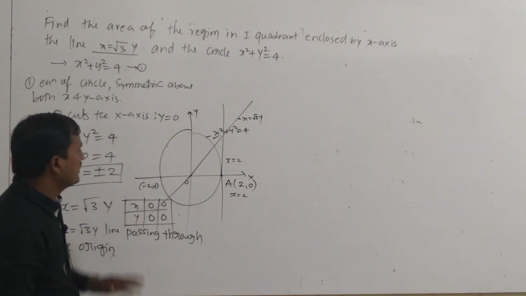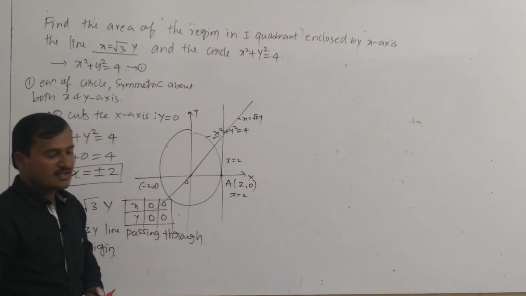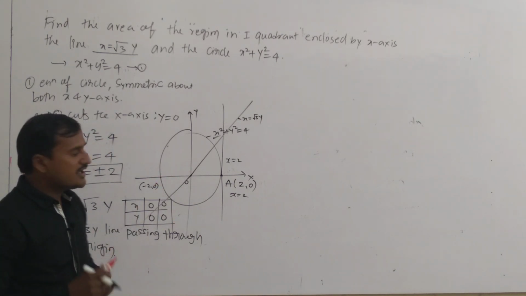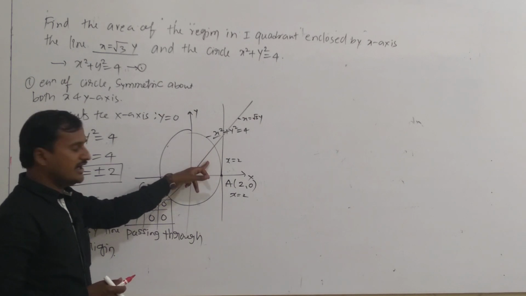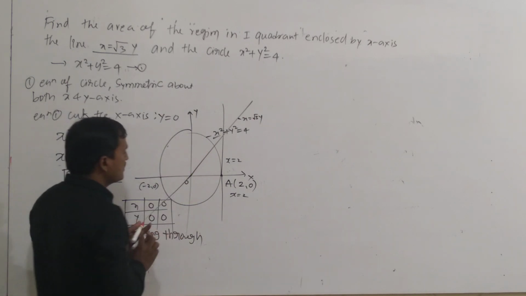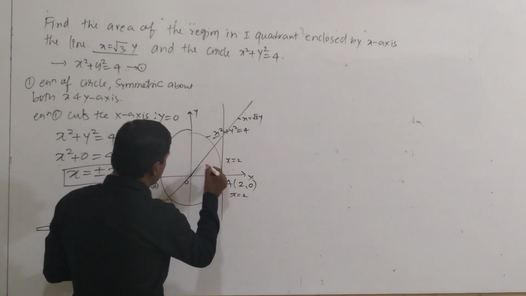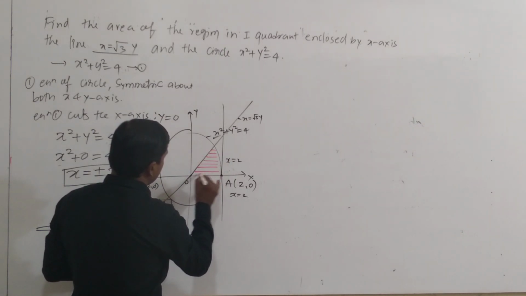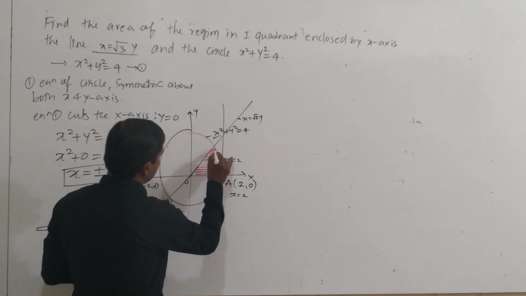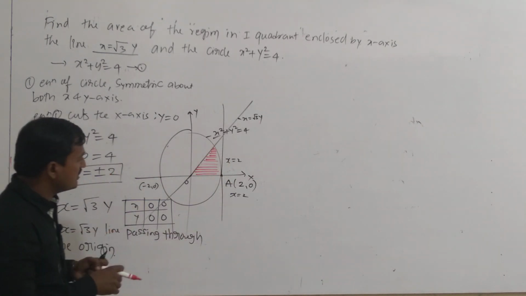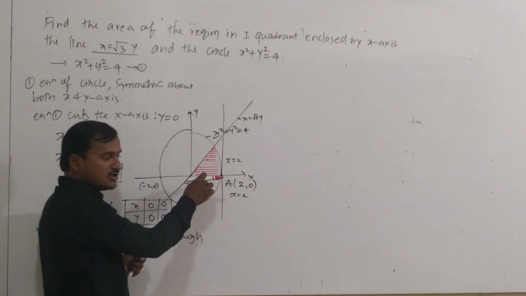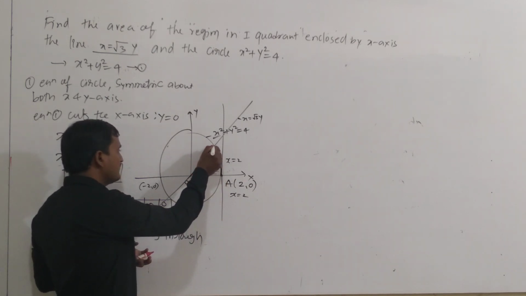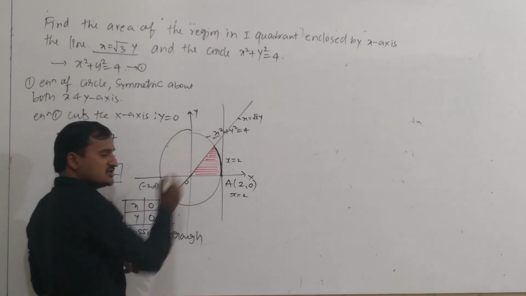Okay, next, here you should observe, I should find the area enclosed by the circle and line in the first quadrant. So clearly this is the area. This area lies in the first quadrant and it is enclosed by this circle and a straight line.